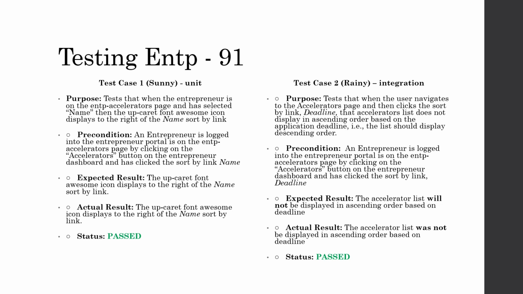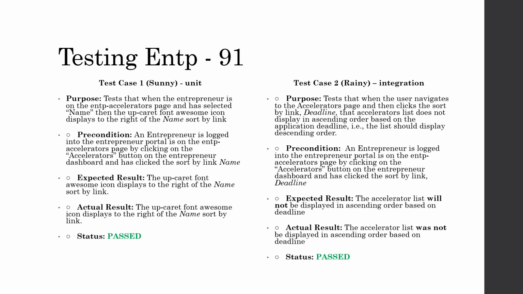For testing, we use Selenium for Chrome. Here I'm showing you various test cases for both unit and integration testing that were performed on Entp91. Test case 1 is a sunny day unit test case that tests when the entrepreneur is on the entrepreneur accelerators page and selects the sort by link name, then the up caret Font Awesome icon displays to the right of the name as an indication.